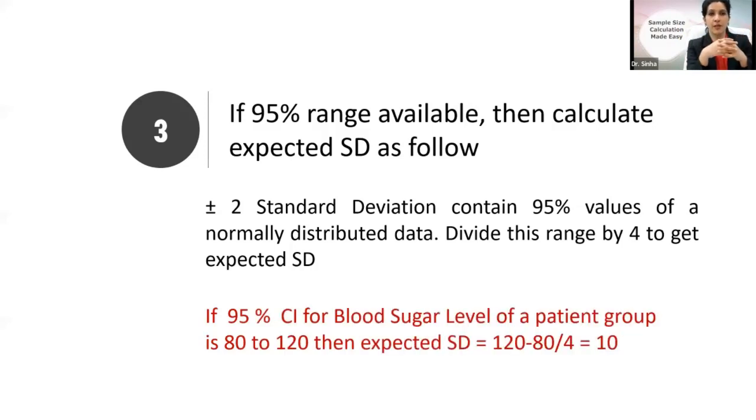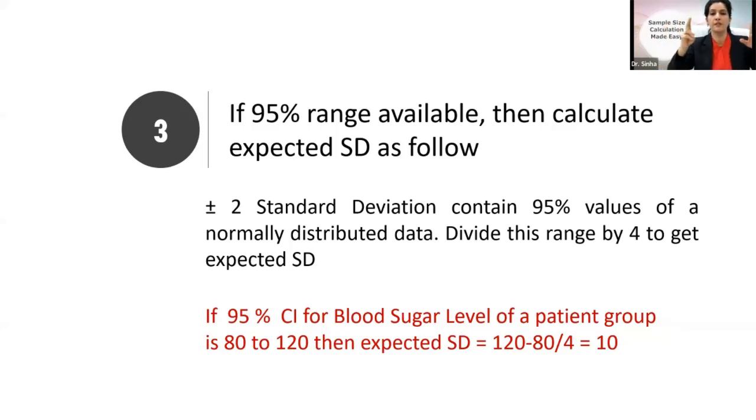For example, if the 95% confidence interval for blood sugar level of a patient is 80 to 120, then the standard deviation would be (120 minus 80) by 4. So you deduct the lowest from the highest, that is your range, and then you divide that by 4, because we know that plus minus 2 standard deviation contains 95% values.